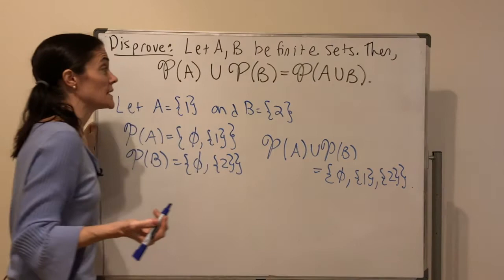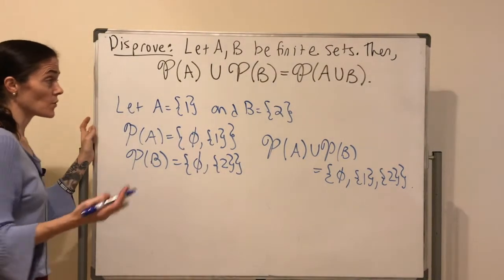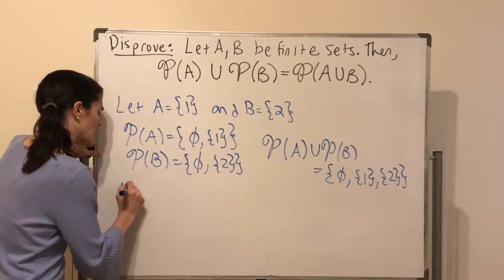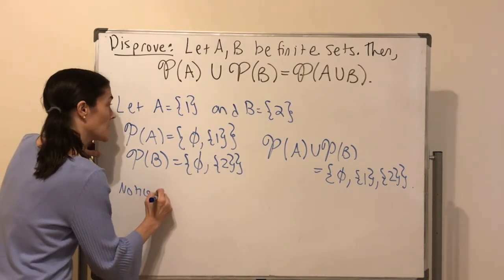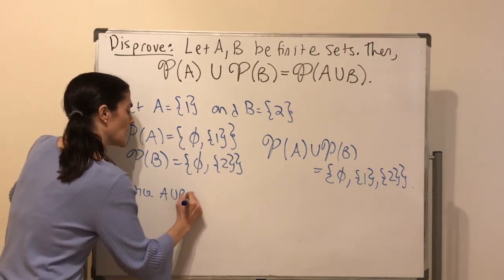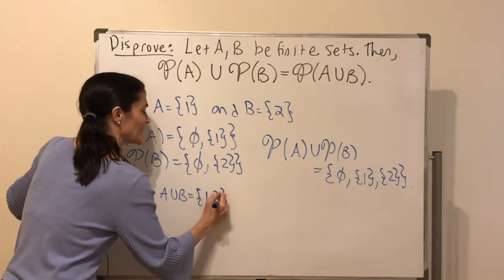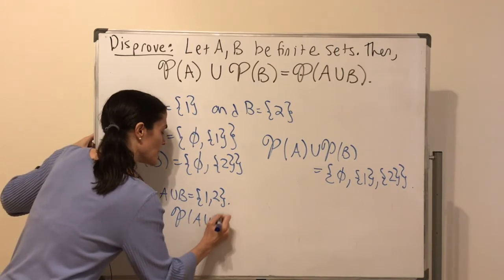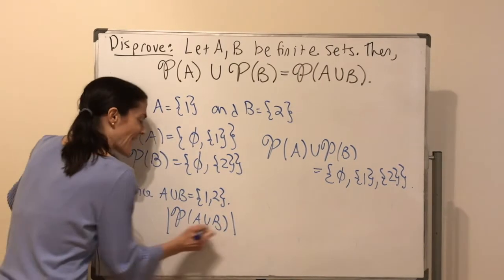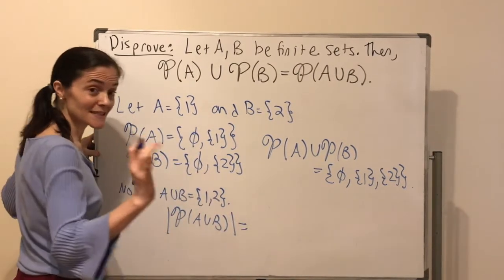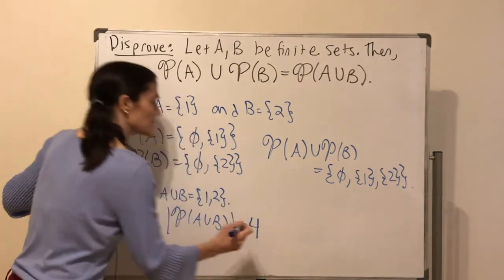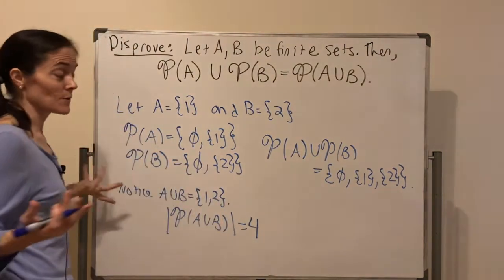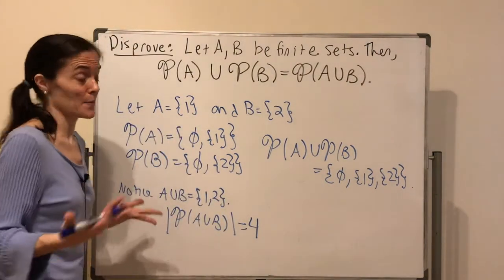Now, I don't even need to write the full power set of A union B, although I could. But we notice A union B has 2 elements. And so the power set of A union B has 2 to the 2, or 4 elements. But on this side, that only has 3, so it cannot be equal.